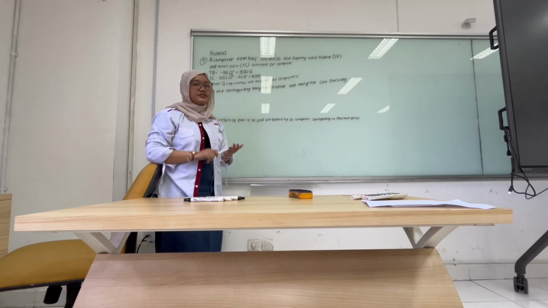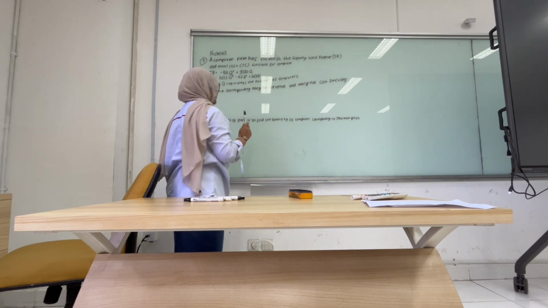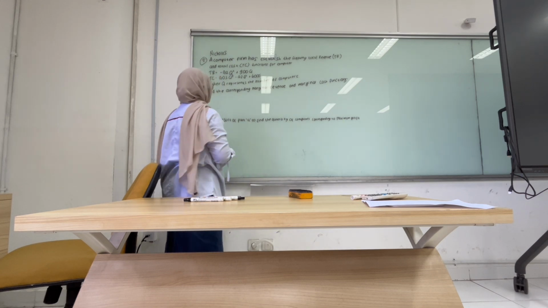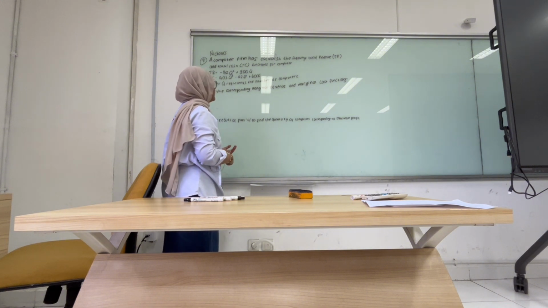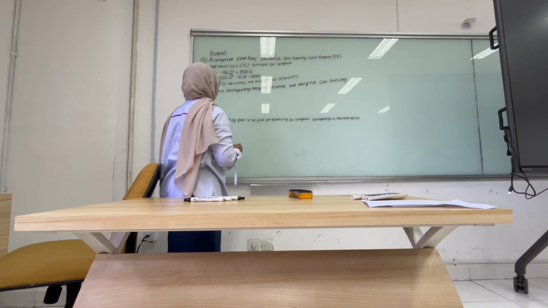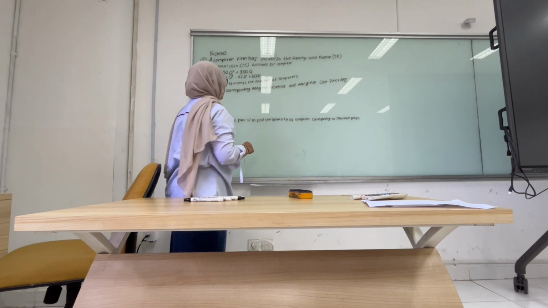So the next question is from Nicholas' book, page number 5. The question is, a computer firm has established the following total revenue or TR and total cost or TC functions for a computer.